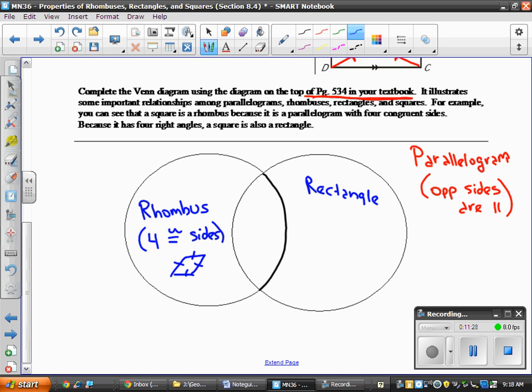With a rectangle, we have four congruent angles. So here we don't care so much about the side lengths as the angles. So a rectangle is all about angles, a rhombus is about sides. Now again, I always find a picture helpful.